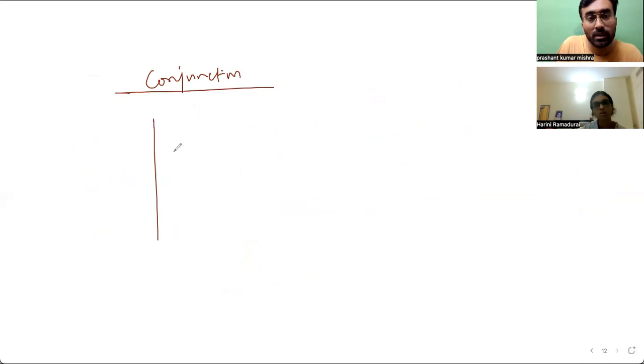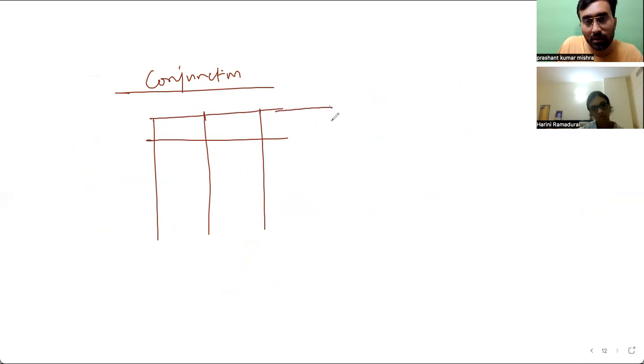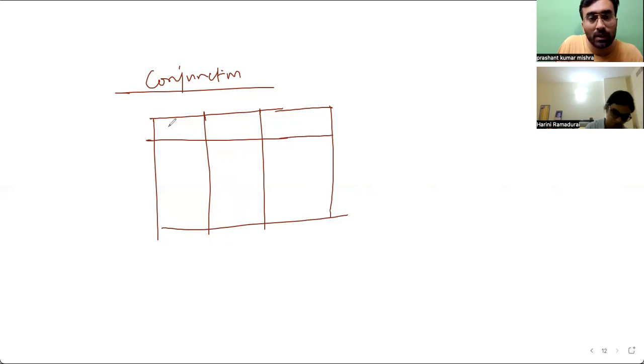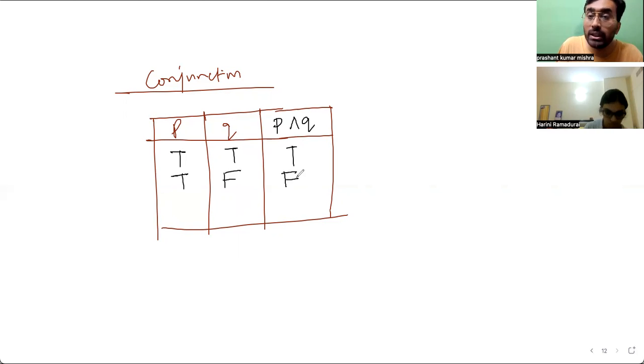A compound statement can have more than two statements also, but mostly we deal with two statements. This is P, this is Q, and then we have P and Q. If both conditions are true, it will be true. If one is true and the other false, it will be false. If it is false and then true, again false.